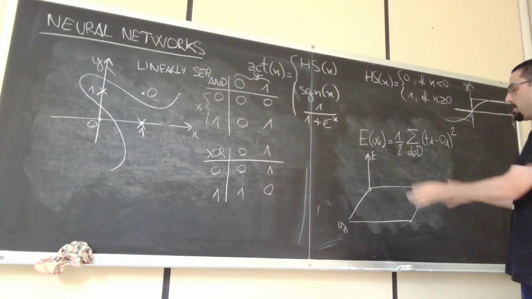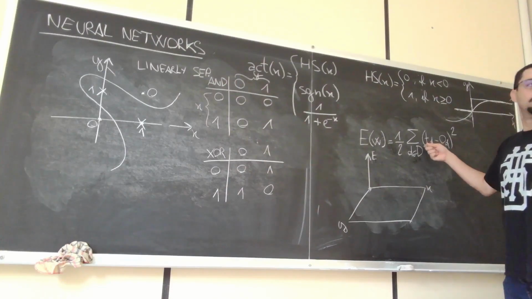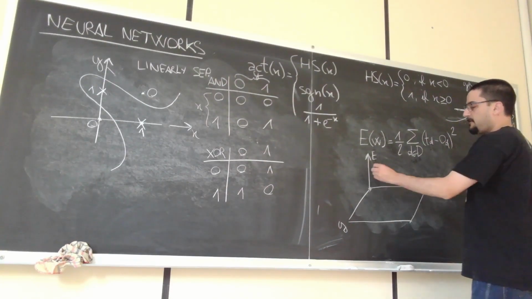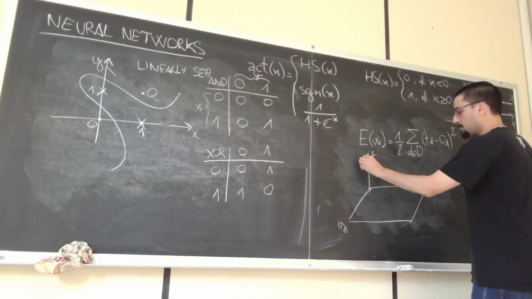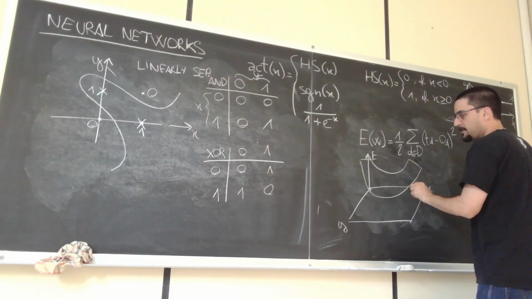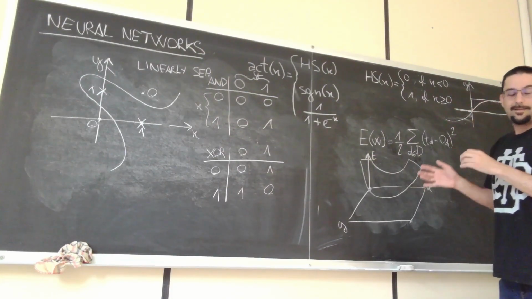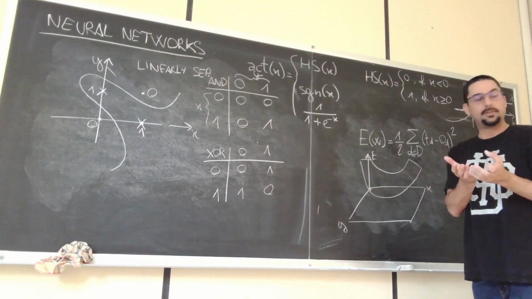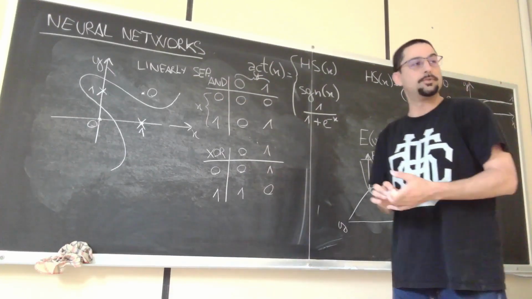If you use this particular error measure, then you will have a parabolic surface. I'm very bad at drawing, but just imagine that this is a parabolic surface in 3 dimensions.